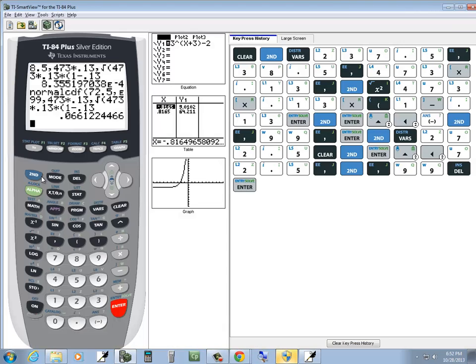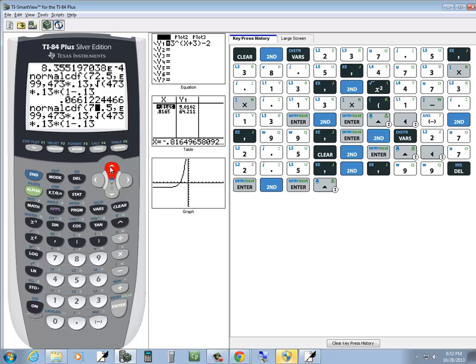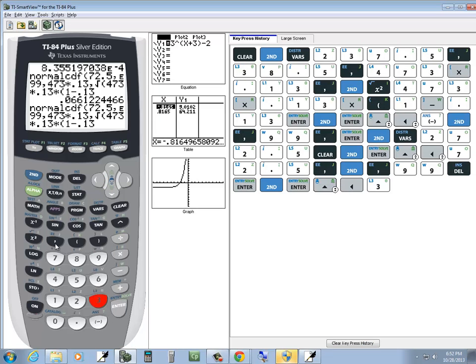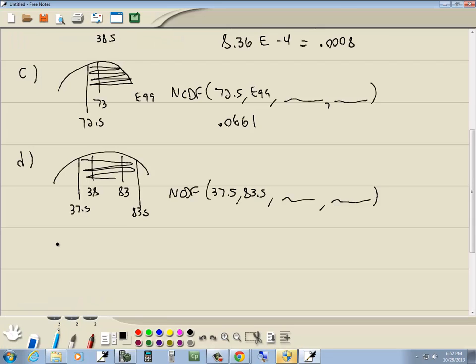So I'm going to do second enter, bring up previous entry. And 37.5, comma, 83.5.